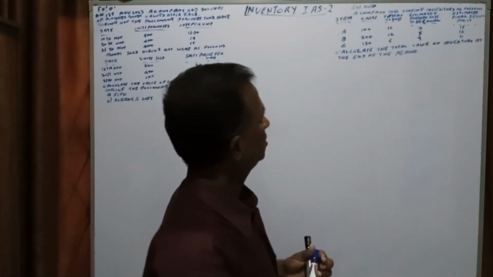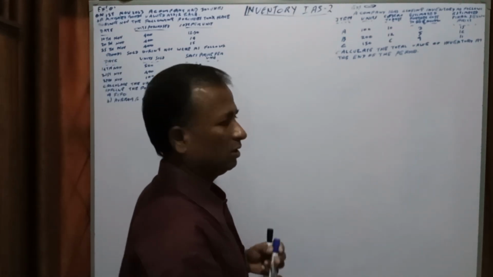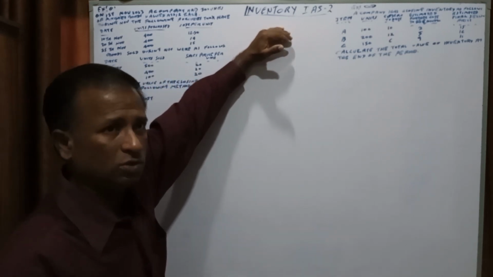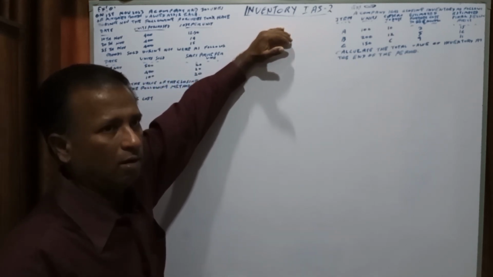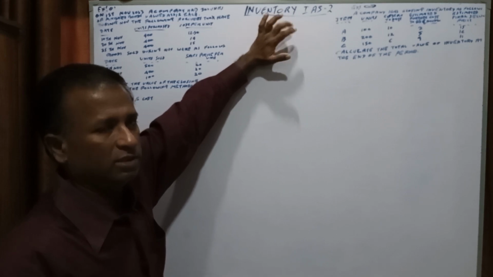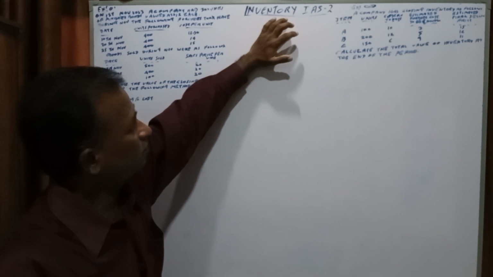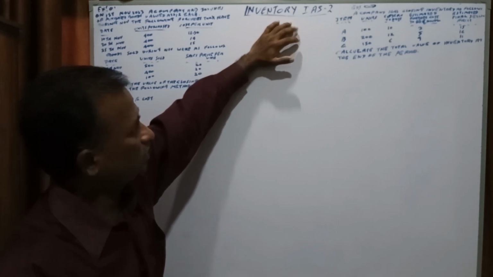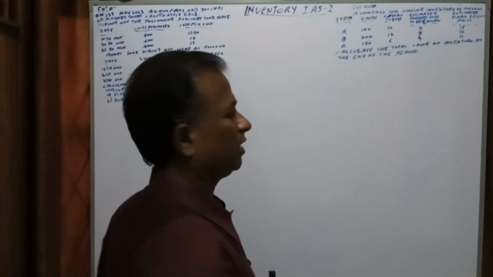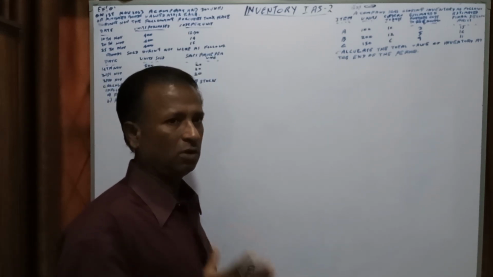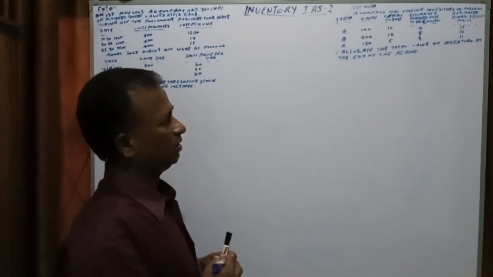First, the standard says cost or NRV, net realizable value, whichever is lower, we have to adopt that.